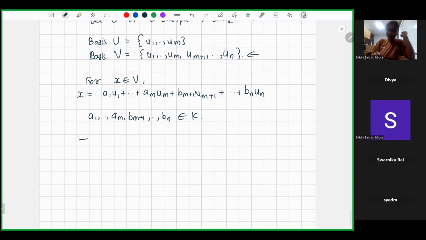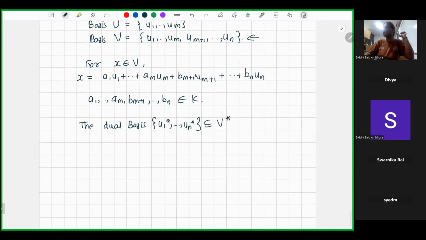Okay, so the dual basis u1 star to un star will be there in V star. So corresponding to each basis element of V, we have a corresponding dual basis element in the dual space. That's what we are talking about here.